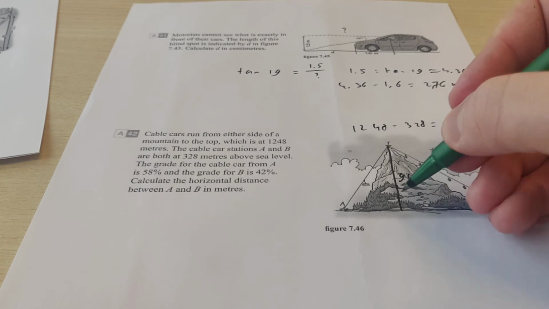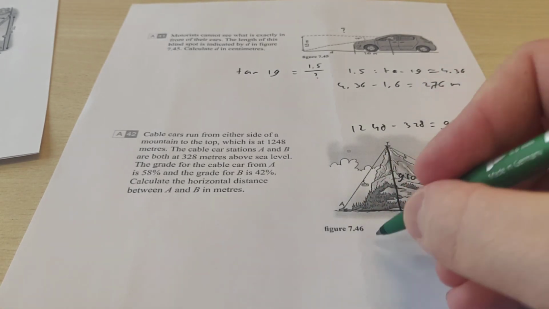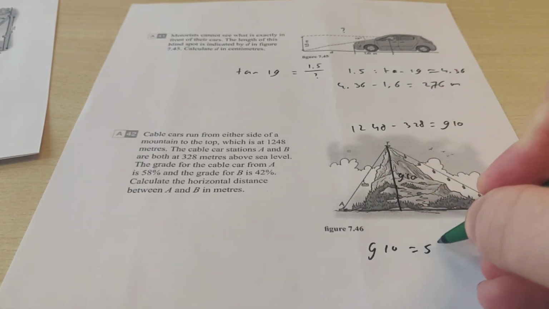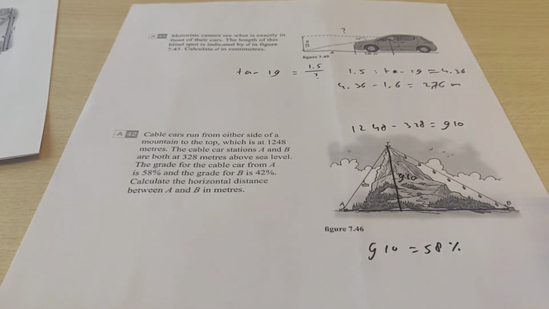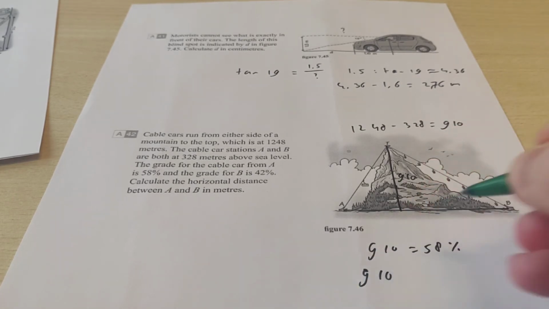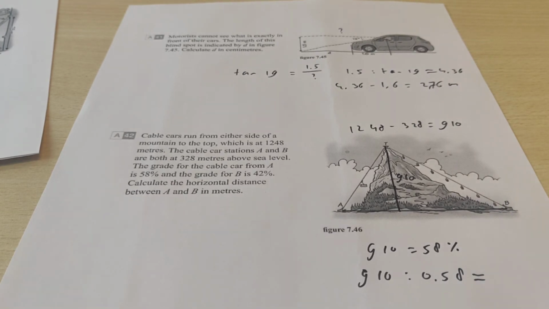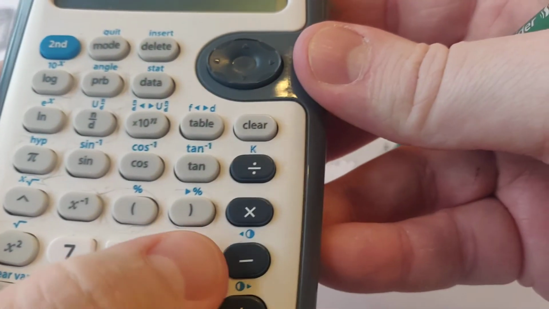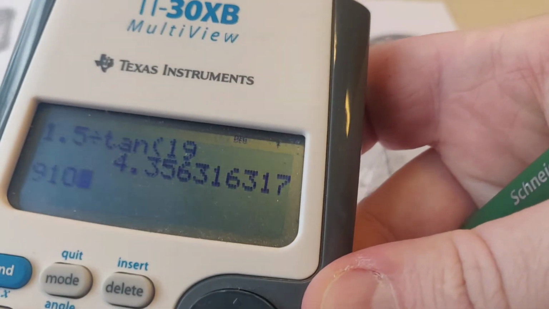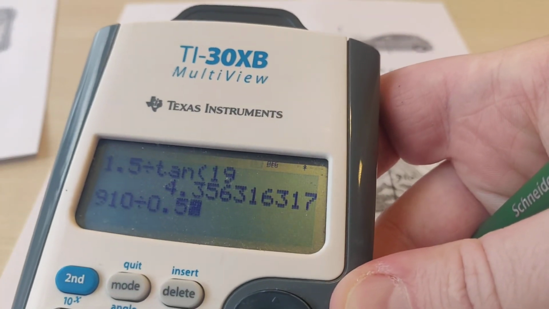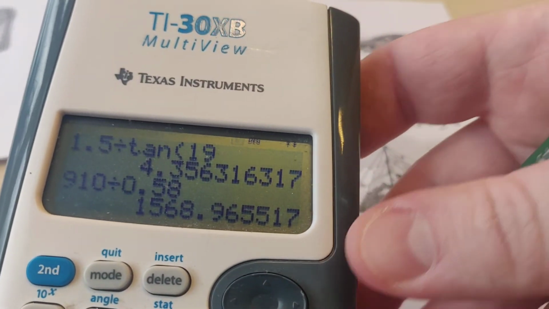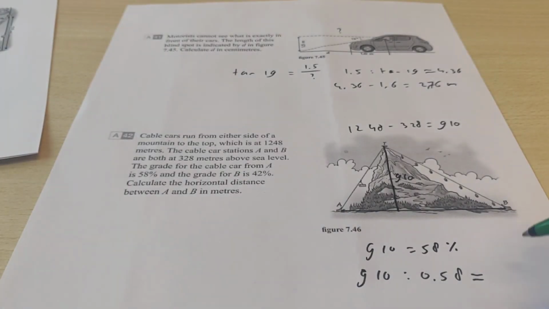This is 58% of that length, so if 910 is 58%, we want to know what 100% is, we need to do 910 divided by 0.58. So let's calculate what that is. 910 divided by 0.58, and then we get 1569.